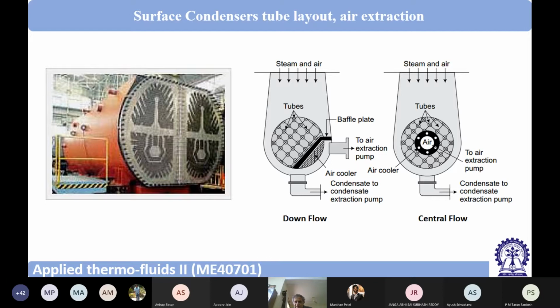So there are several reasons why we put steam on the outside and water inside the tube. First thing is that on the steam side condensation takes place and the heat transfer coefficient is very high. Water side, only forced convection takes place and the heat transfer coefficient is moderate.